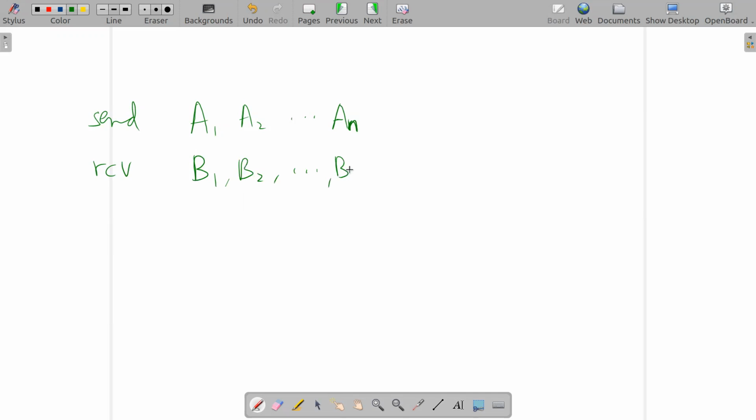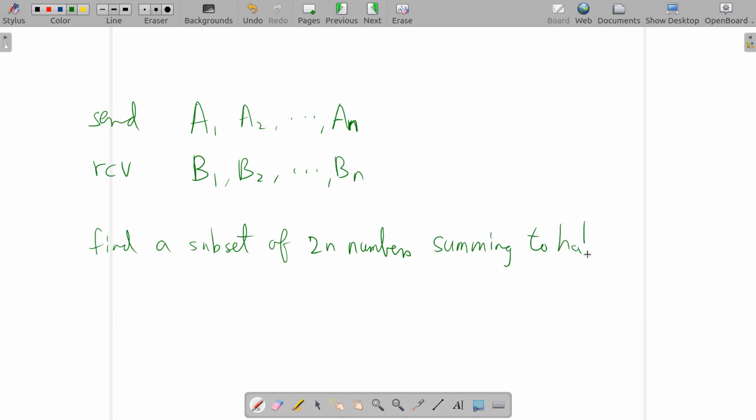They are guaranteed to be different than what you have. And then based on that, you have to find a subset of these 2n numbers summing to half the total.